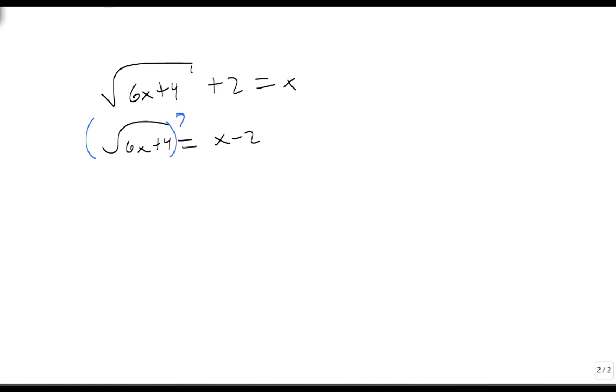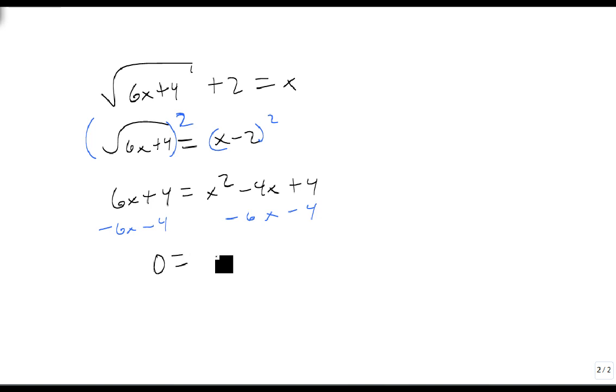And when we square both sides, we get 6x plus 4 equals x minus 2 squared, which is x squared minus 4x plus 4. That's the perfect square trinomial formula. So we'll subtract 6x and subtract 4. This gives me 0 equals x squared minus 10x. Factor out an x. And we get x equals 0 and x equals 10.